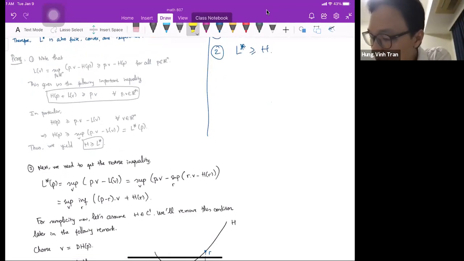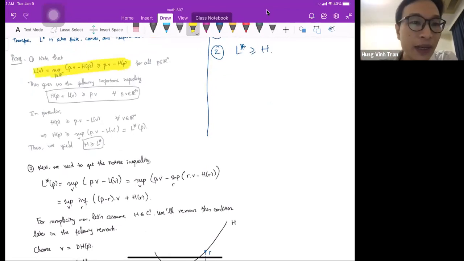The key thing is that the duality is happening all the time: you always take P dot V minus H of P, or you take P dot V minus L star of V. The dot product P dot V occurs many times, which is exactly the plane, or the hyperplane.